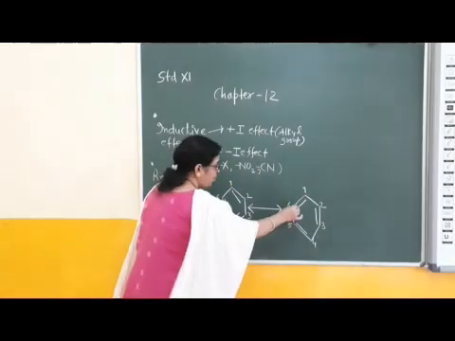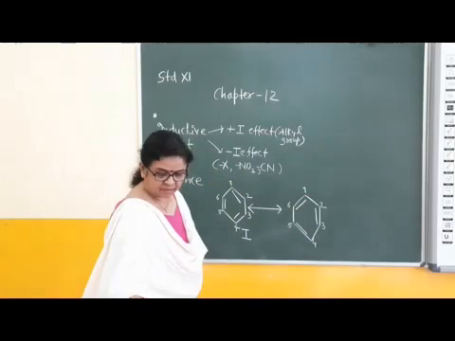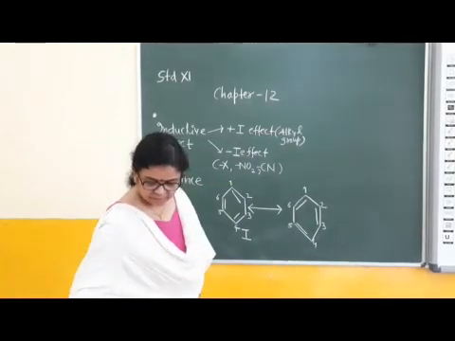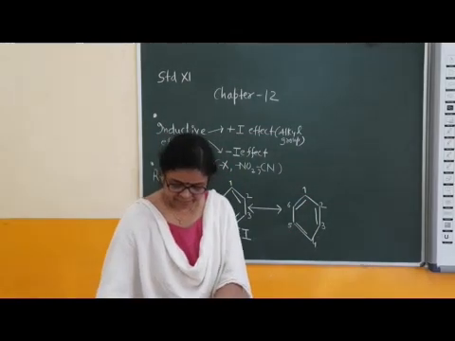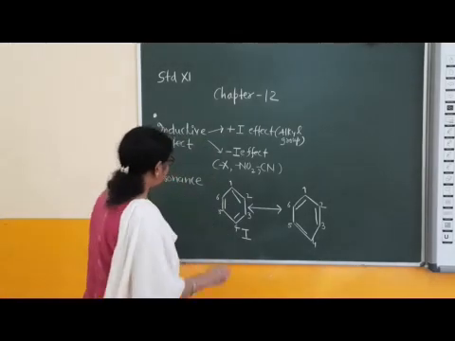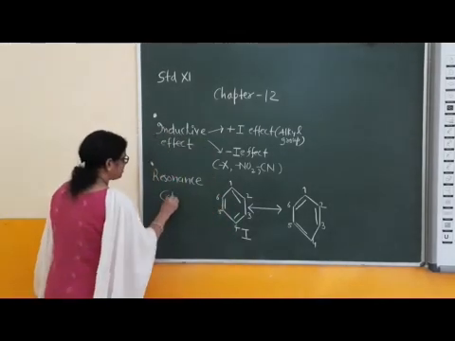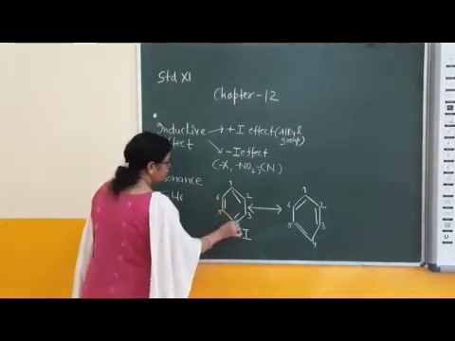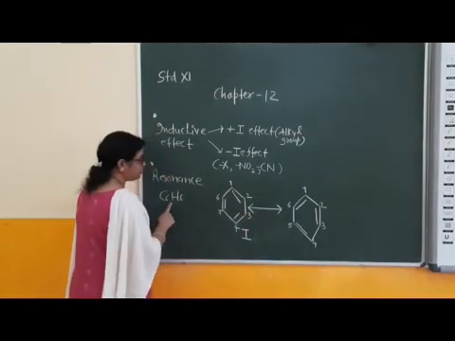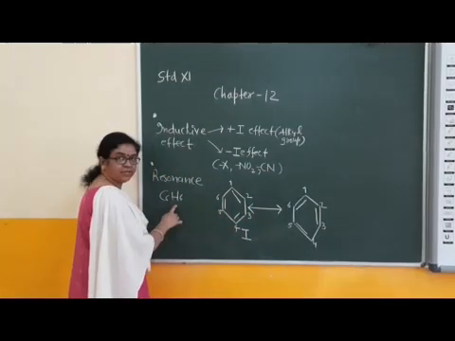Children, the molecular formula of benzene is C6H6. It has 1, 2, 3, 4, 5, 6 carbons, and with each carbon 1 hydrogen.